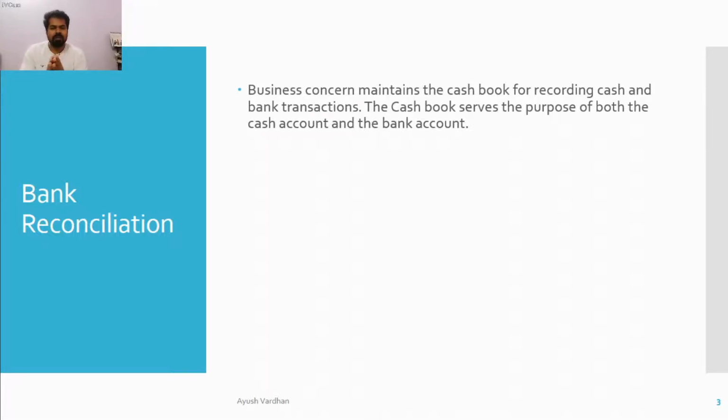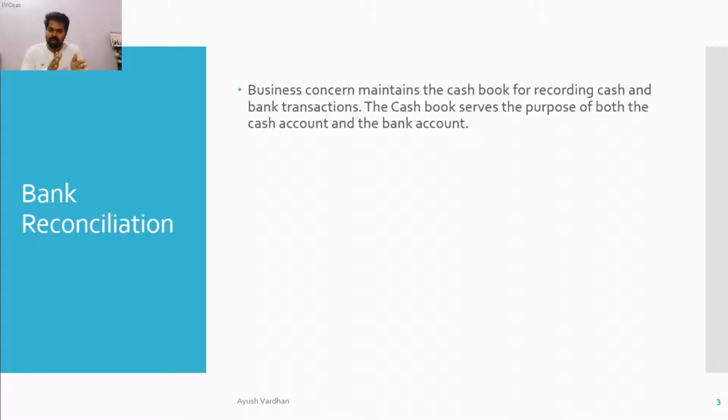What happens is a business concern maintains the cash book. Any business firm, suppose you are a shopkeeper, maintains a cash book. There you record all your cash transactions and bank transactions as well.